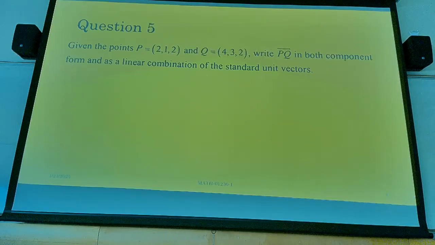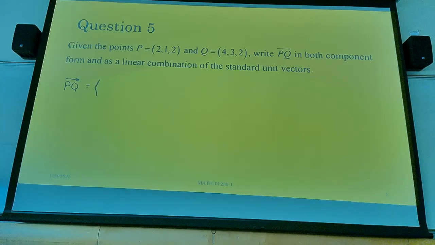Now in space, we're given 2 space points. What is that line segment?